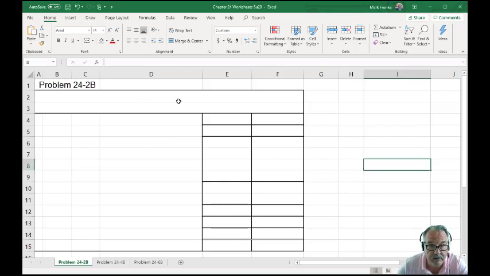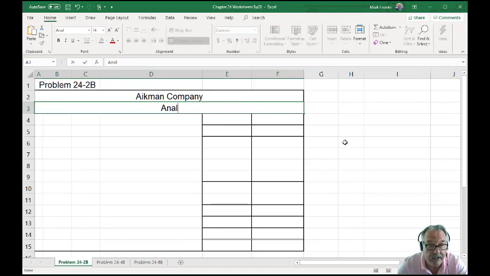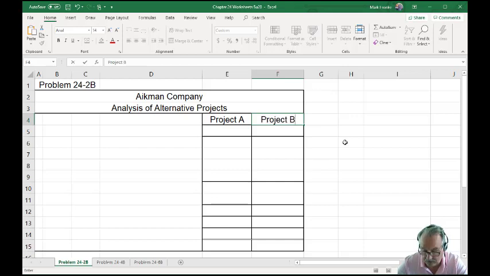This company is the Aikman Company, and we'll call this the analysis of alternative projects, where we have two projects, Project A and Project B. And the first thing that we have to do is figure out what the cash flow is and the income that's going to be generated by these two projects.